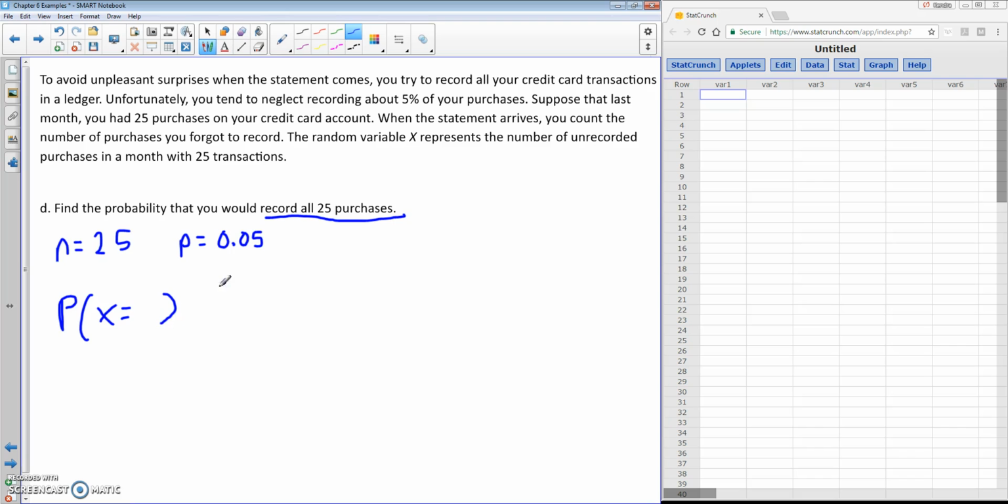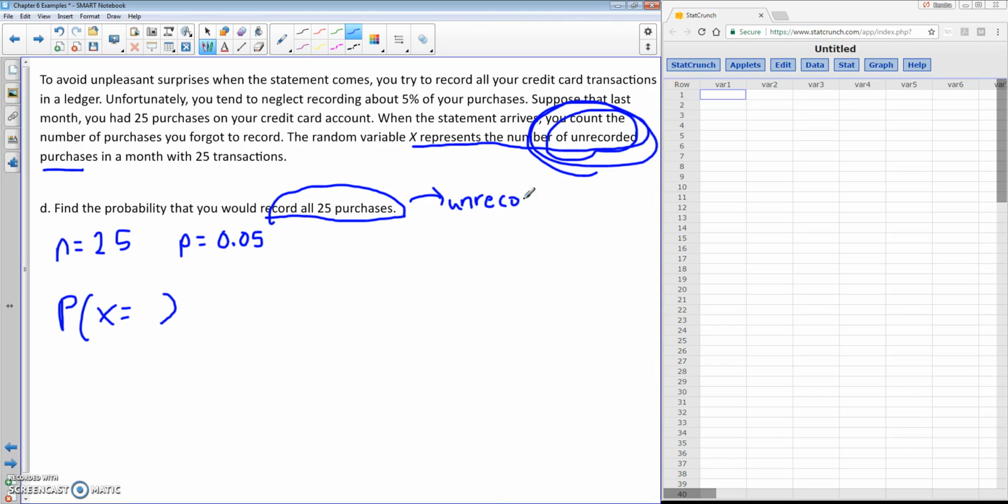So we have to think about what x represents. x represents the number of unrecorded purchases. So if we record all 25 purchases, that means we unrecord how many?